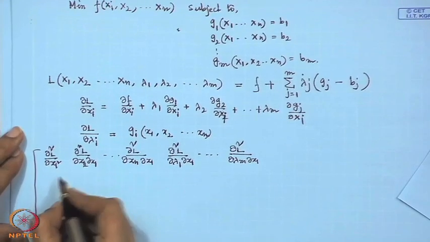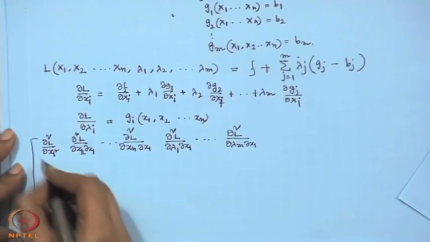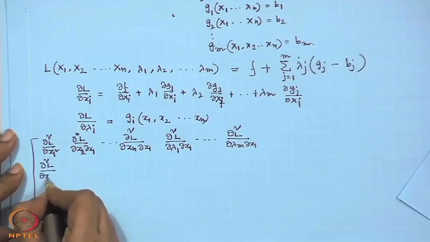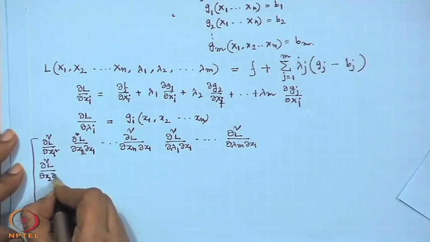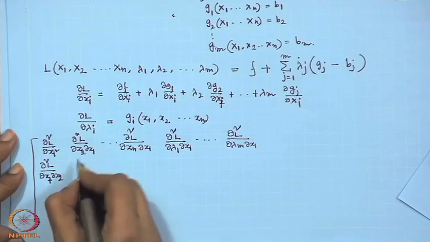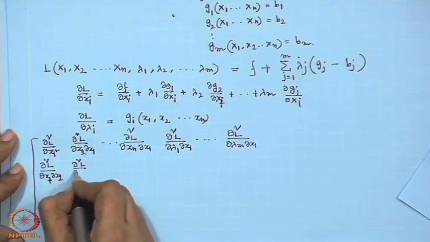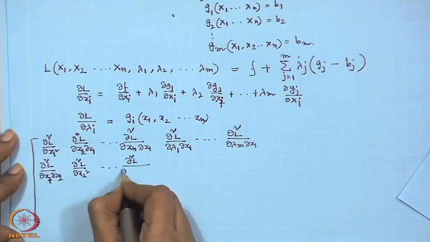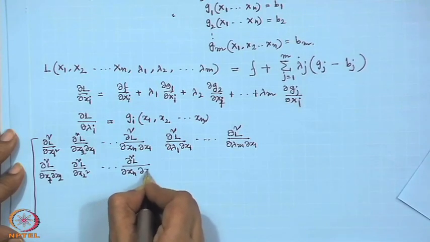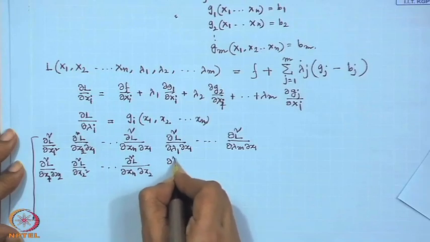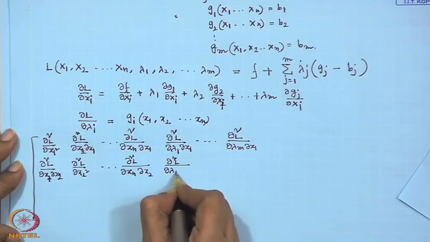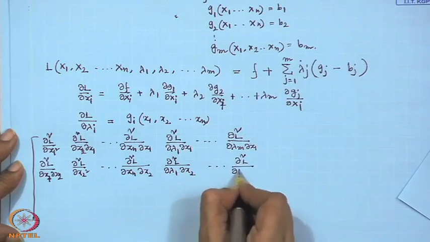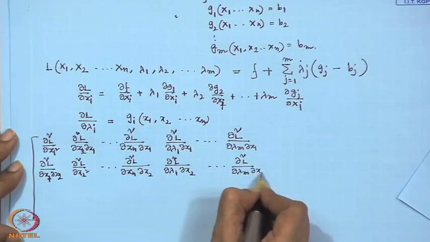And the second row would be del 2L by del x2 del x1, del 2L by del x2 square, up to del 2L by del xn del x2, del 2L by del lambda 1 del x2, up to del 2L by del lambda m del x2.